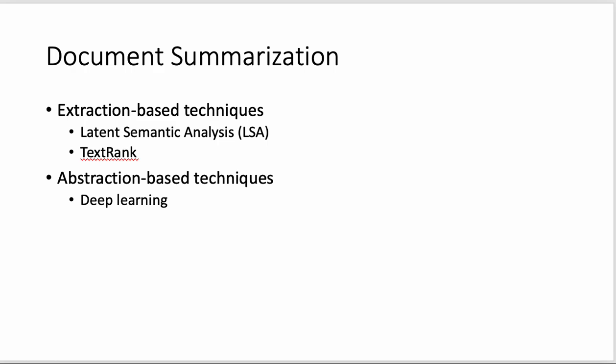And so it creates summaries just like a human would write them. So abstraction-based document summarization is a lot harder as a process than extraction-based. But thanks to deep learning, we can implement these techniques more easily, but they do need a lot of data and a lot of computing resources.